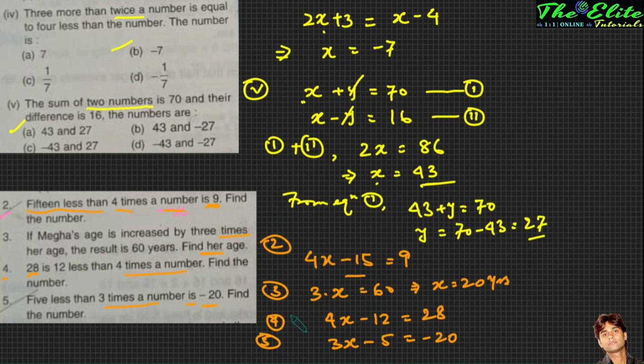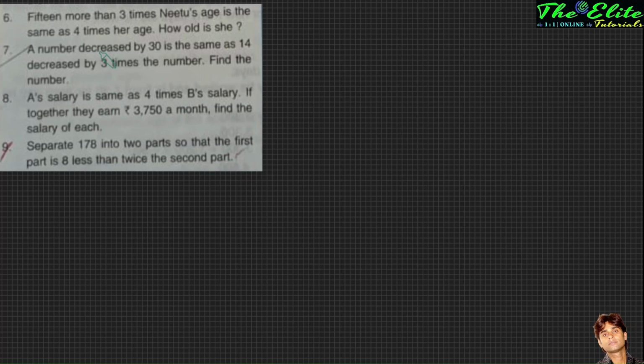Moving next. Let's quickly solve all these also. 15 more than 3 times Nitu's age. It means Nitu's age you have to assume as x. So you will write let Nitu's age be x. So 3 times Nitu's age is 3x, and 15 more means you have to add 15.